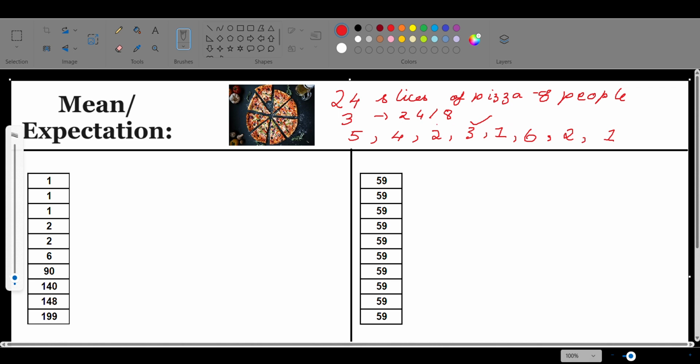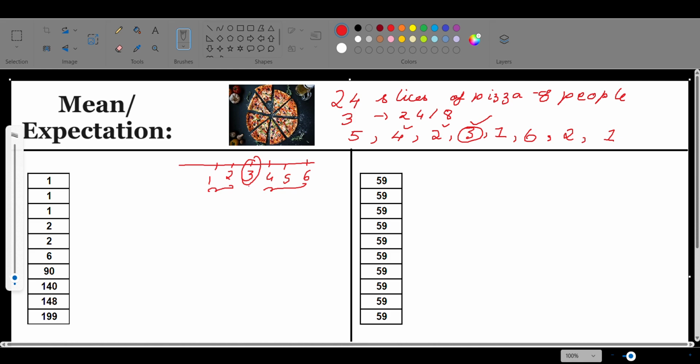And if you notice, every person has gotten a number of slices that surround this number 3. So if you think of the number line, 3 would come here, and this is where you'd have 2, 1, 4, 5, 6. So all these numbers surround this number 3 that you expected.